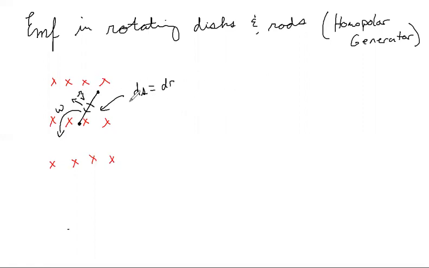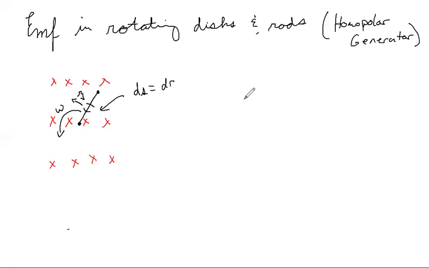Okay, so now let's use the right-hand rule. With v cross B, you're going to get a force on the positive charge carriers wanting to accumulate at the center of the axis, and the negative charge carriers would want to accumulate at the other end.